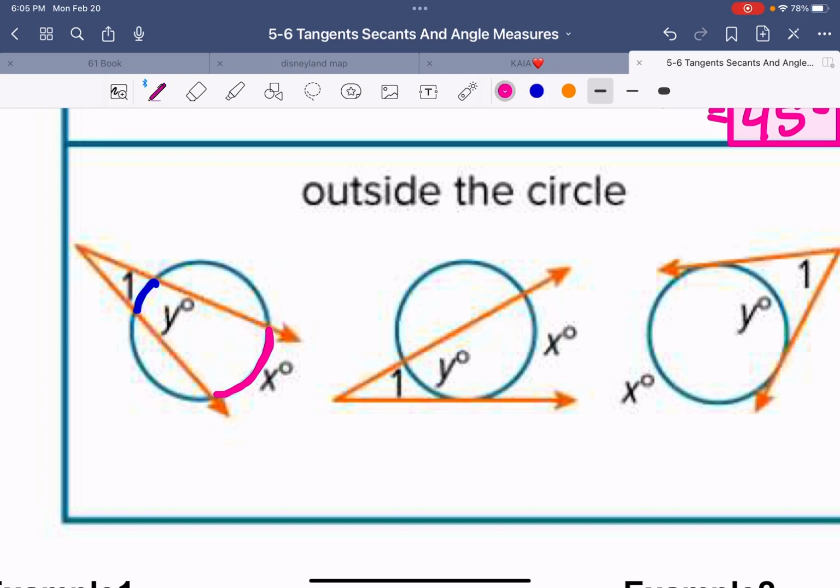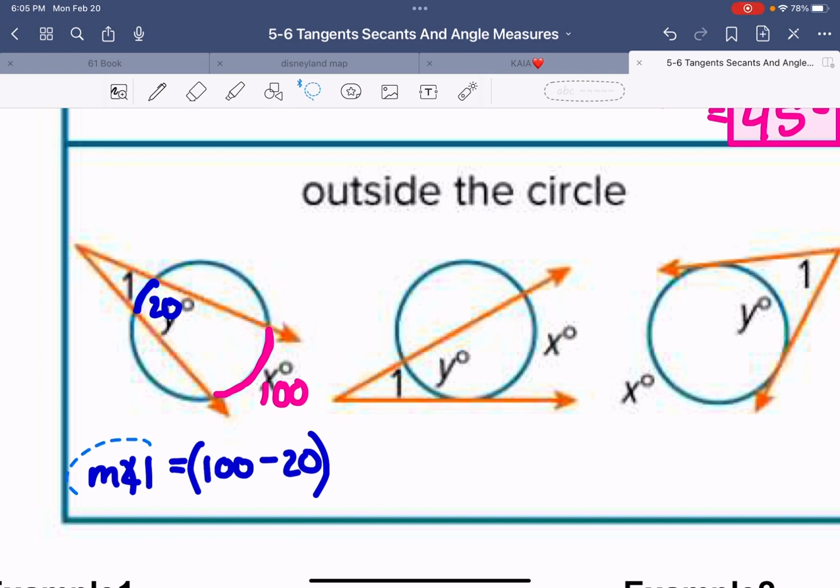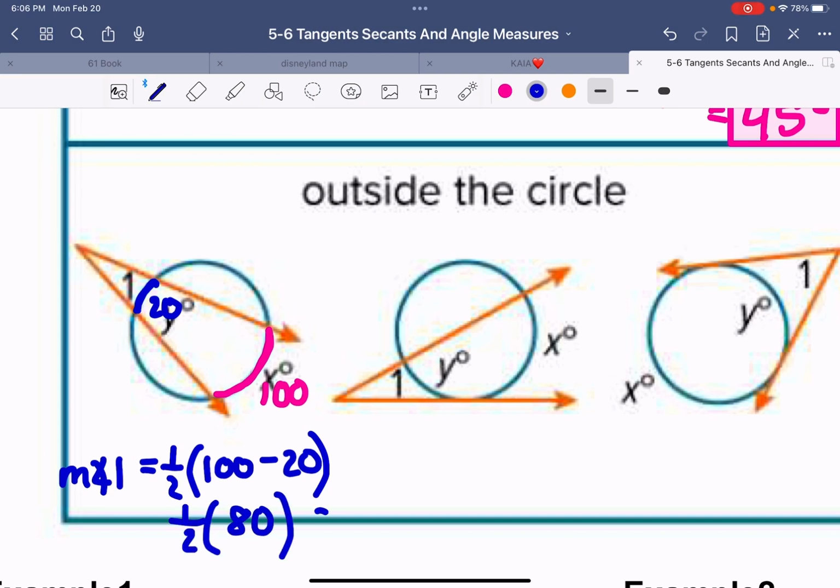So if x was maybe 100 and y is 20, the measure of angle 1 would be found by taking 100 minus 20, and I wrote too large, multiplying by 1/2. So you would have 1/2 of 80, so it would have a measure of 40 degrees.